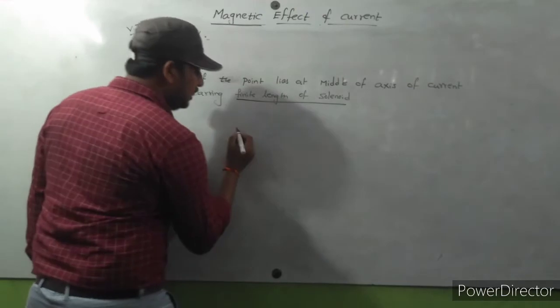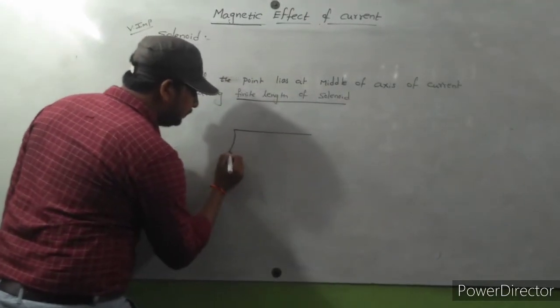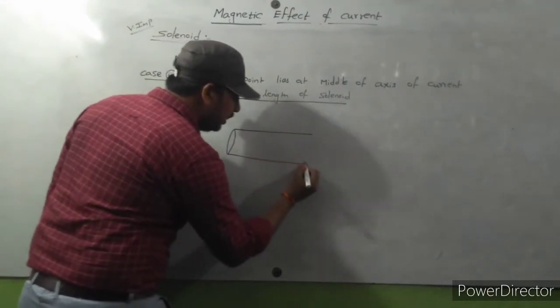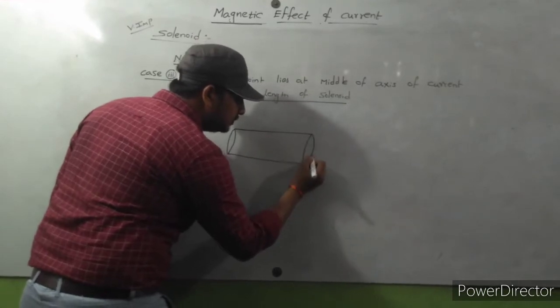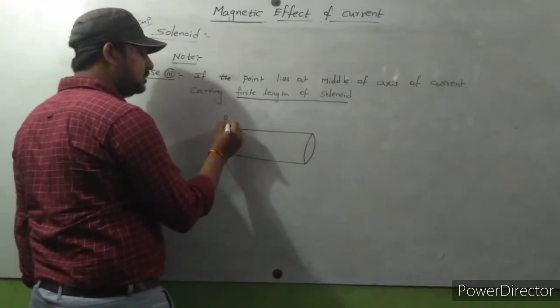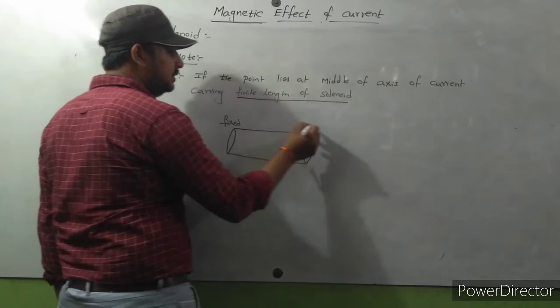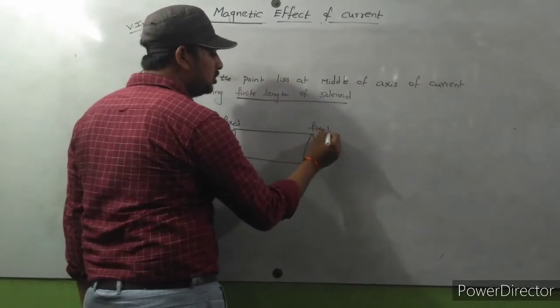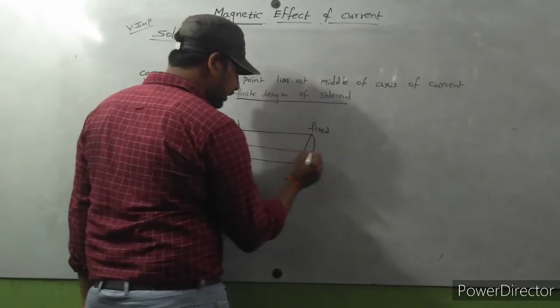Here is the solenoid made with finite length of wire. You know already, finite length means these two ends are fixed ends. Now the point lies here.